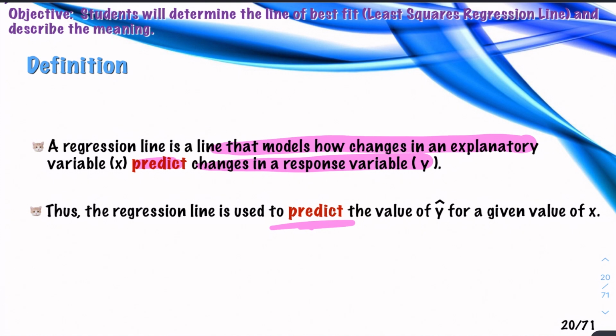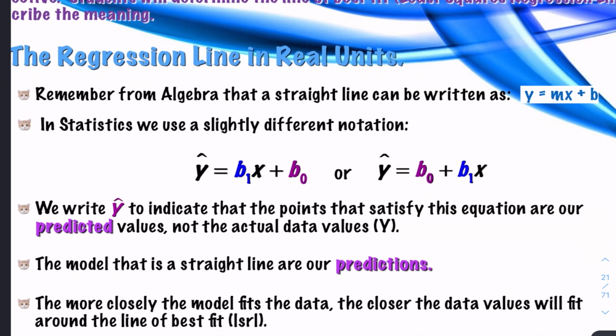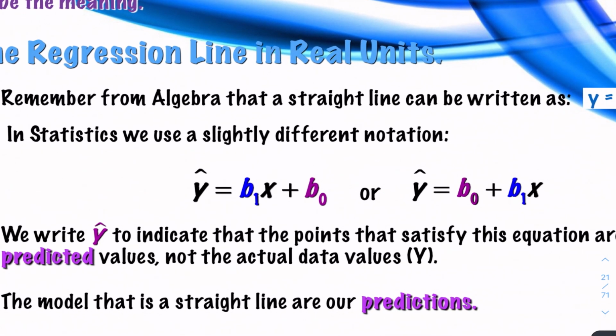And note, x and y are just placeholders for our specific context of the variables that we'll be using from our data. So, the regression line in real units. Remember, in your algebra classes, you talk about lines, and straight lines can often be written as y equals mx plus b. We've seen this. In the world of statistics, we use a slightly different notation.